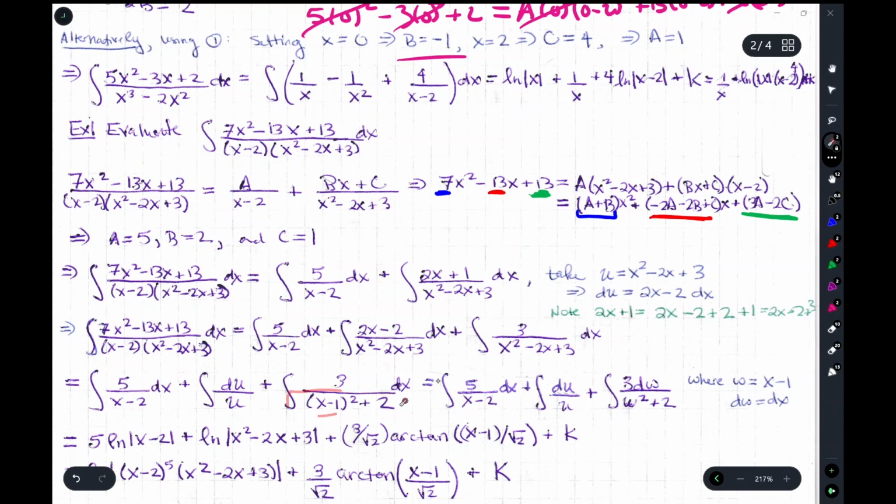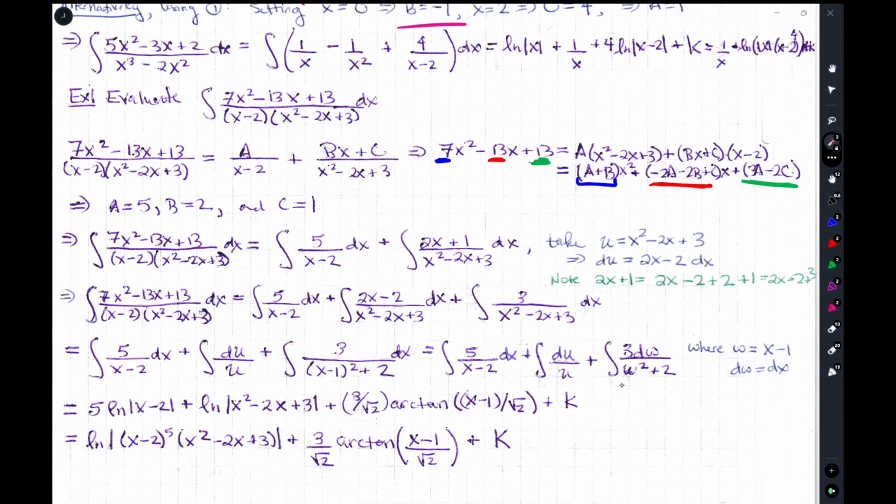So we'll complete the square, and basically completing the square is getting rid of that x there and writing it in the form of x minus a squared plus some constant b. And I already used u, so I'm going to do a w substitution, if you will, and set w equal to x minus 1. And so you'll end up with that expression there.